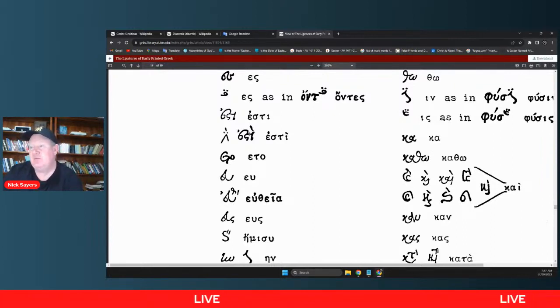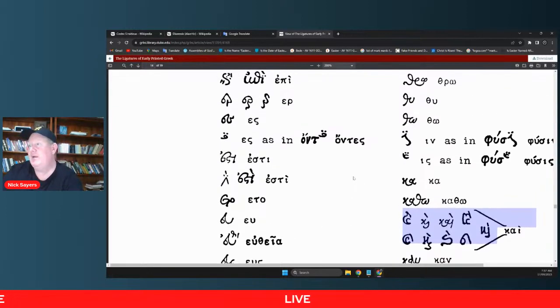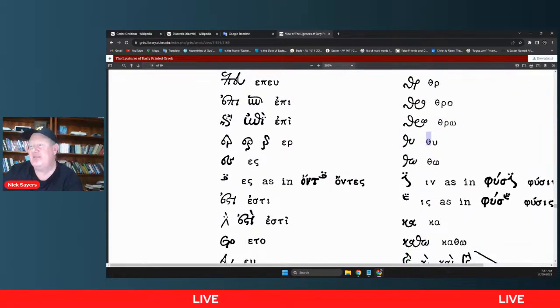It's a sigma with a long S, which makes it into a T, or a tav, or tau, they would say. So the word kai, which basically means and, or also, or even, is written in all these ways. And so it's good to know what a ligature is. Now, if you look at this letter, that's a theta.